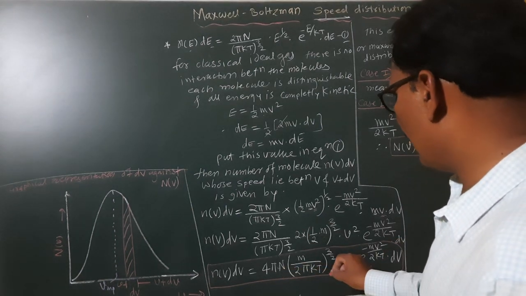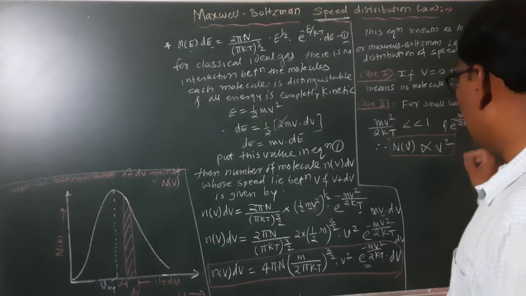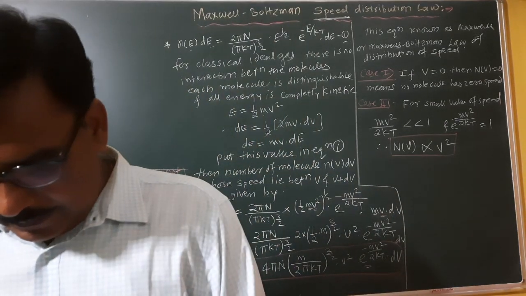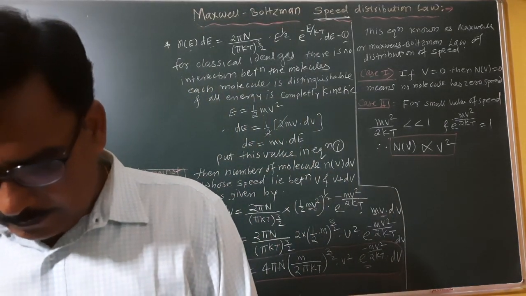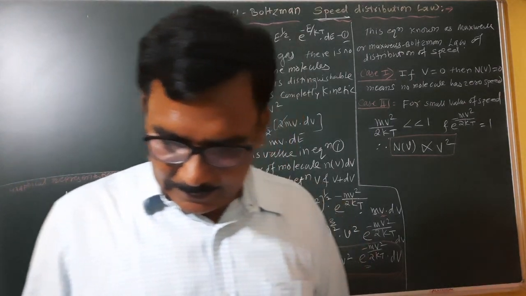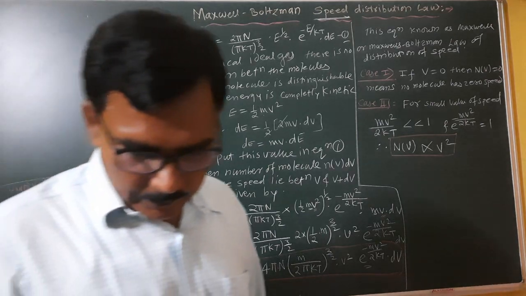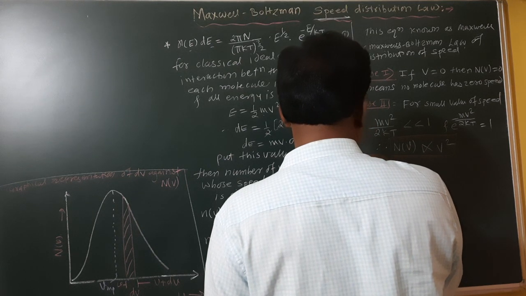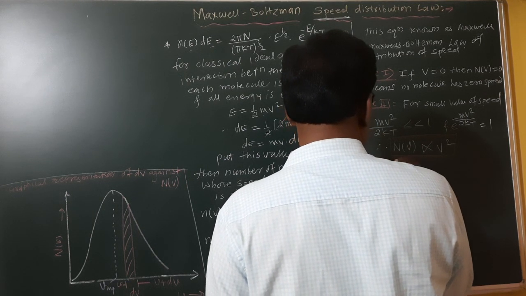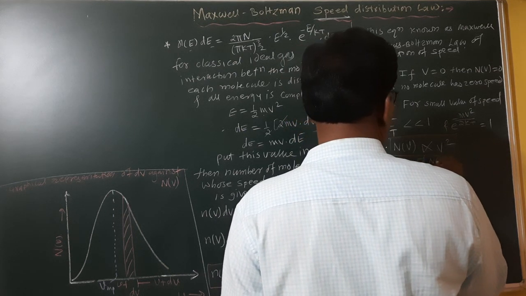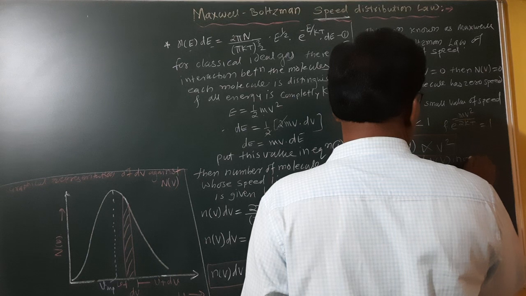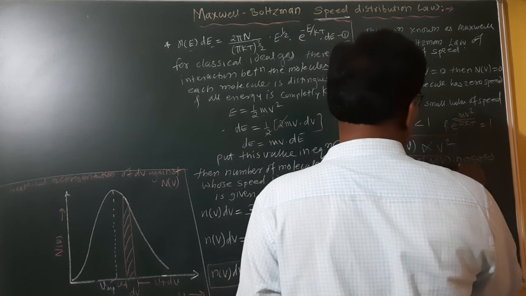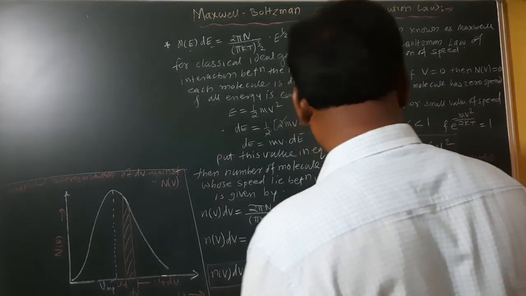Then n of v is directly proportional to v square, and the value of n of v increases parabolically with the increasing value of v. Now case 3.